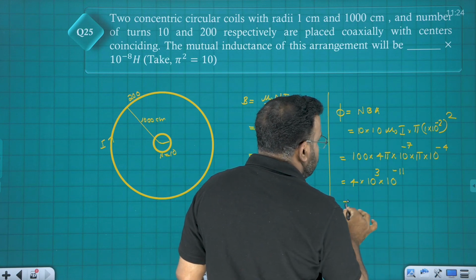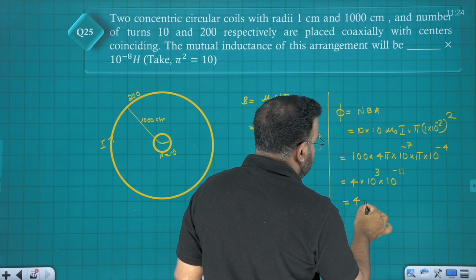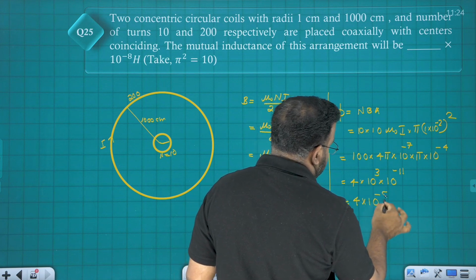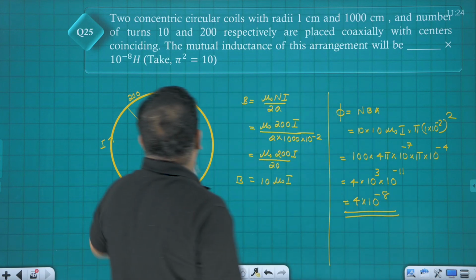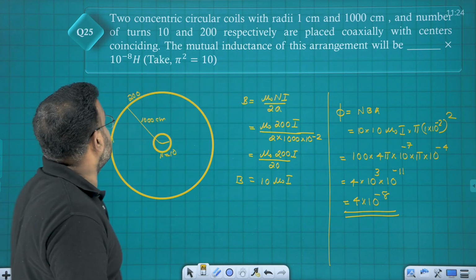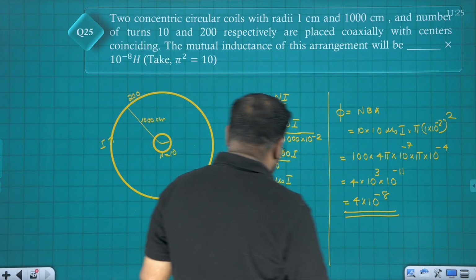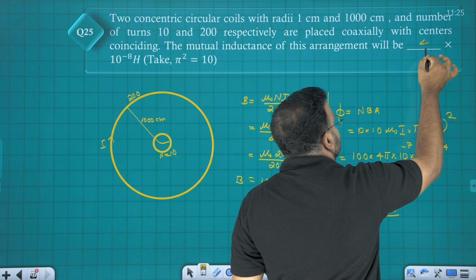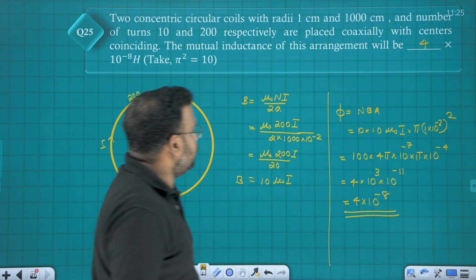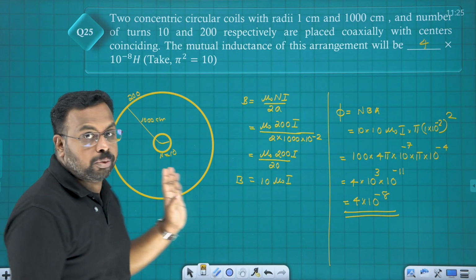Okay. So it is 4 into 10 to the power minus 8 is our answer. So we need to get dash into 10 to the power minus 8 Henry. So that is 4. So 4 into 10 to the power minus 8 Henry. That's the answer for this question.